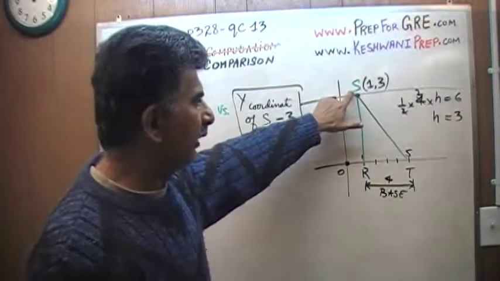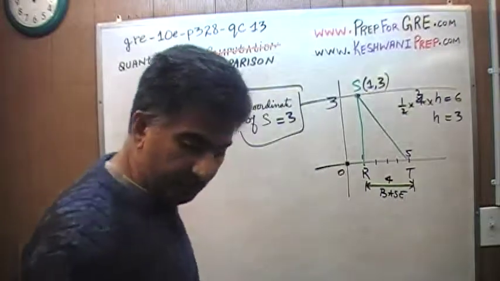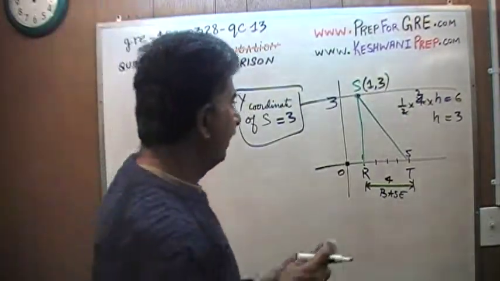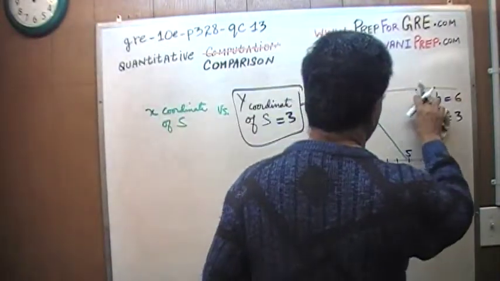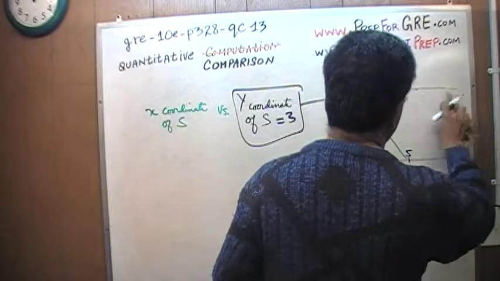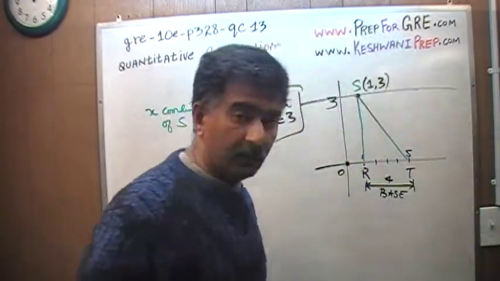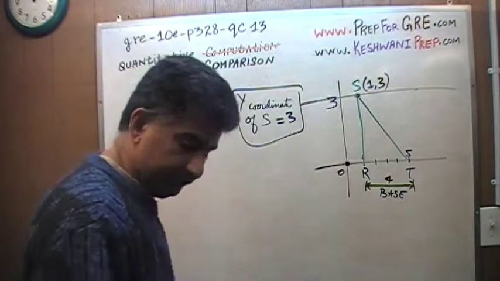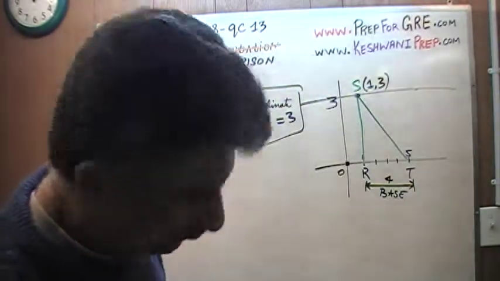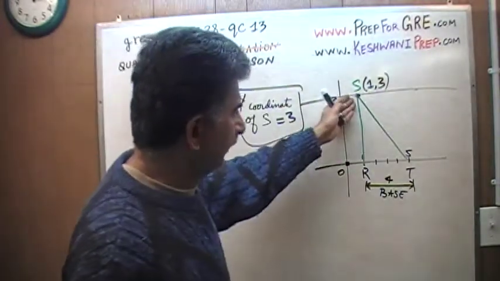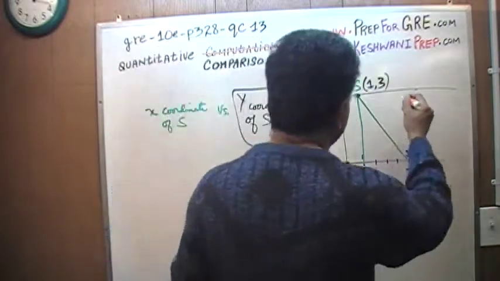S could very well end up here, or we may have a situation that looks, it's still a right angle triangle, but looks something like this. Instead of the leg being here, it may be over here.